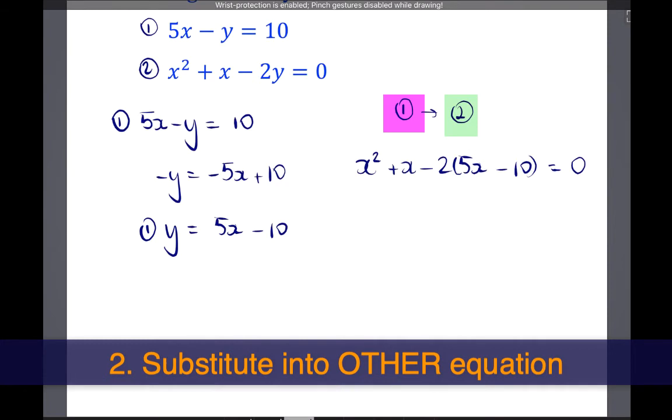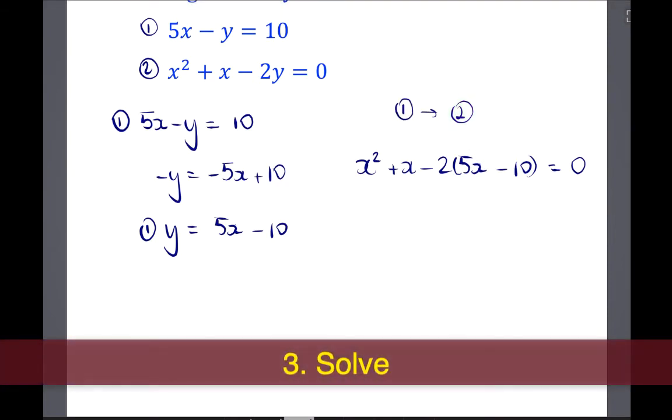Let's go ahead and solve for the x variable. Notice what we've done is we've gotten rid of the y variable. Now we're just dealing with x's. And notice we now have a good old-fashioned grade 11 equation. We've got an x to the power of 2. Let's go ahead and simplify and solve this one here. X squared plus x minus 10x plus 20 equals 0.